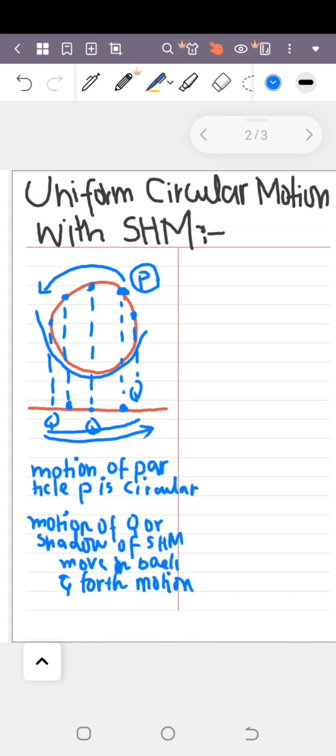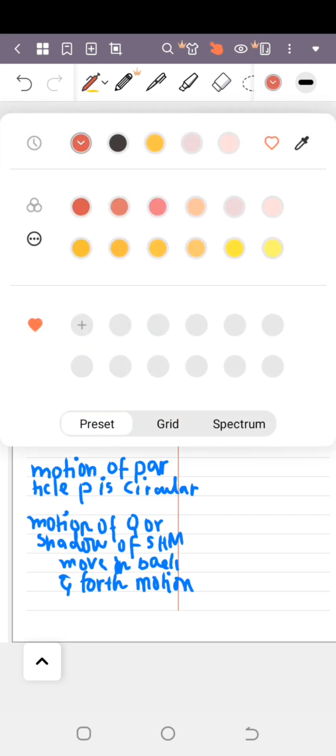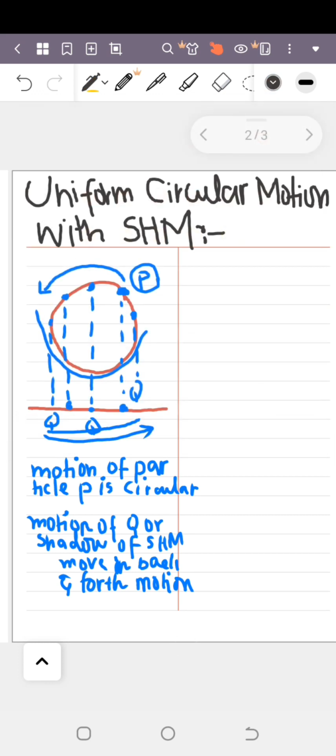Okay, so now here we have what? Here you can see the maximum point on the SHM line is equal to the diameter. Suppose here we have the maximum point of SHM, and this is the other maximum point of SHM. So these maximum points of SHM will be the diameter of a circle.